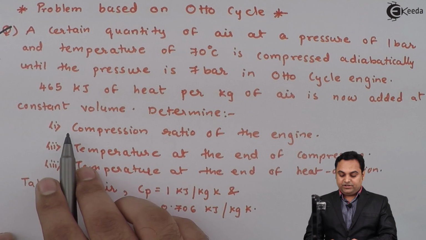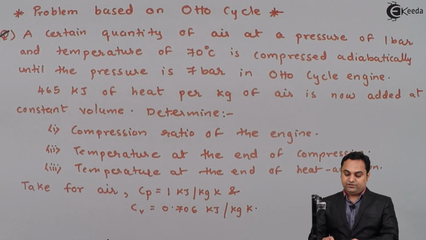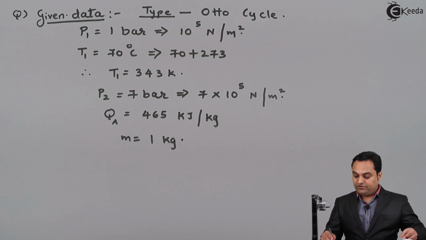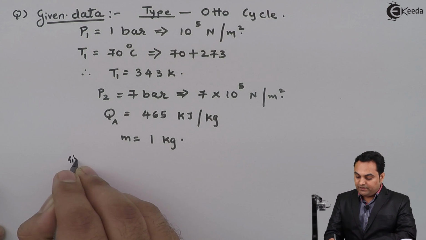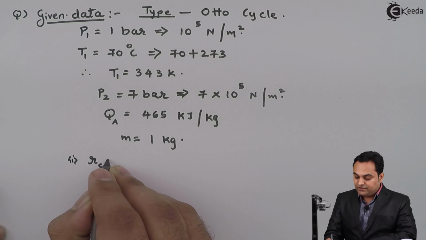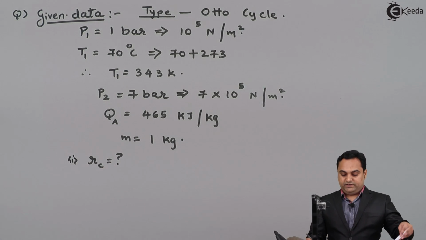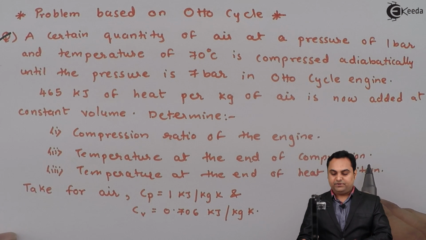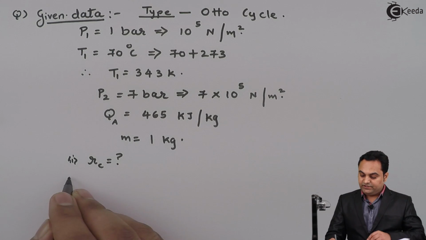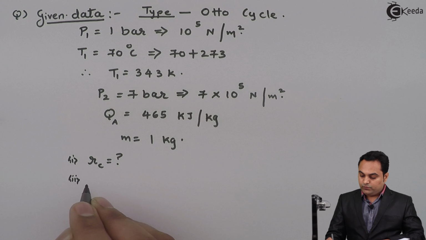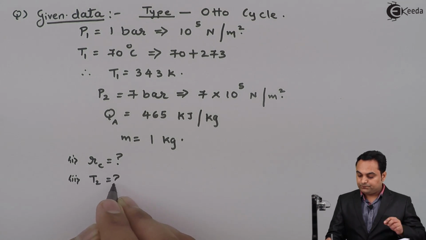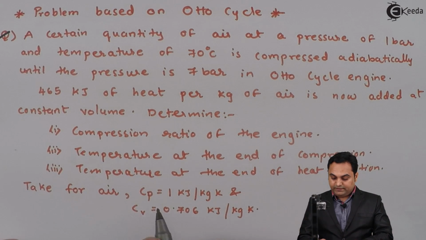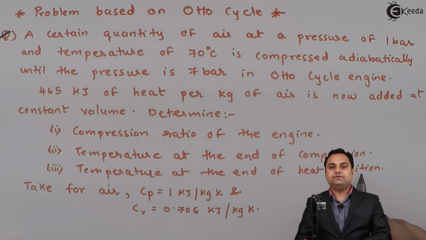Now determine, there are 3 questions which have been asked here. First is compression ratio of the engine. Compression ratio is denoted by R suffix C. Next, temperature at the end of compression. So temperature at the end of compression will be T2, and then temperature at the end of heat addition.